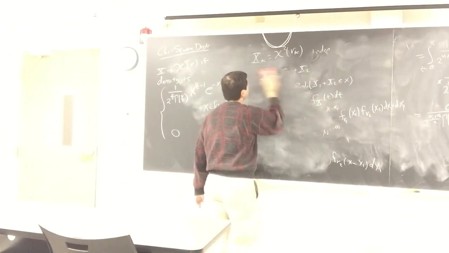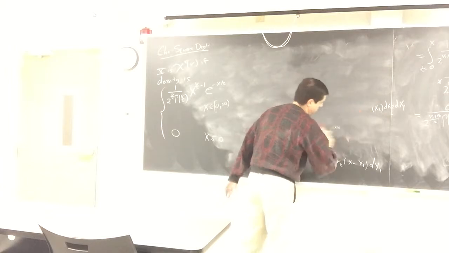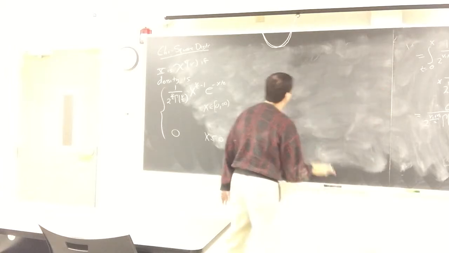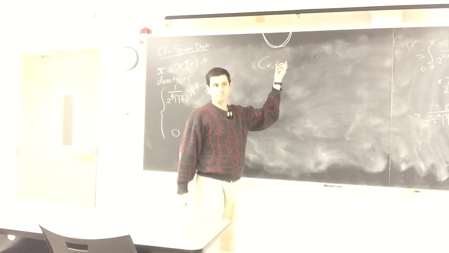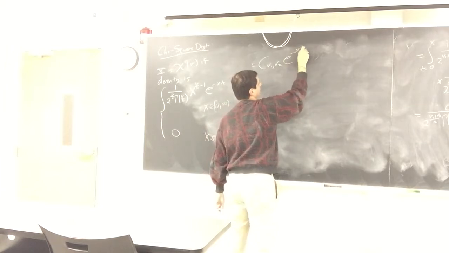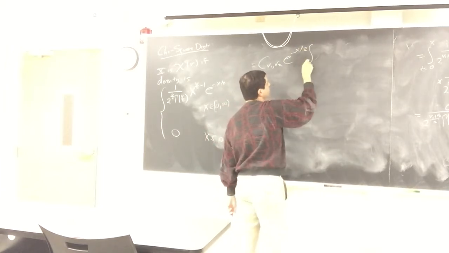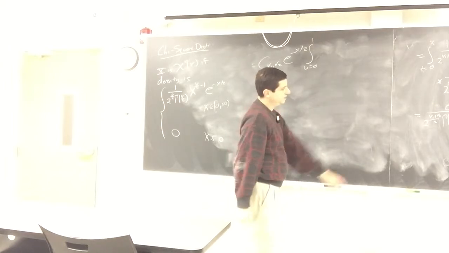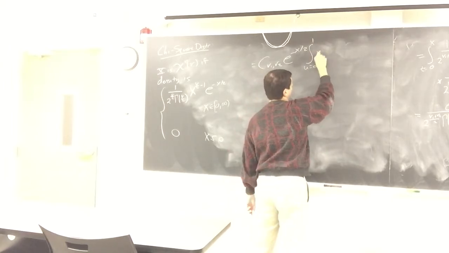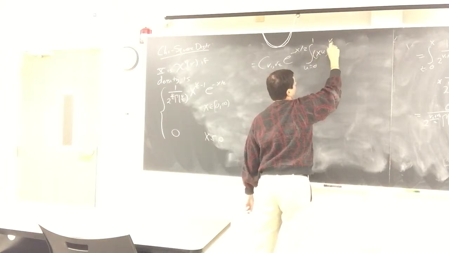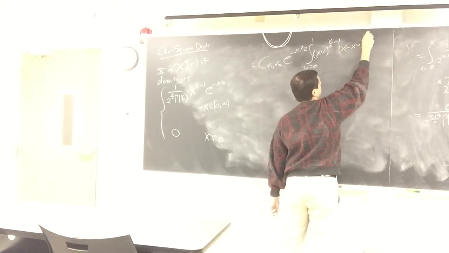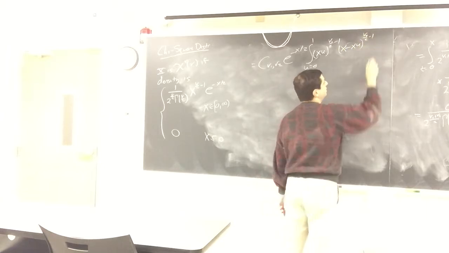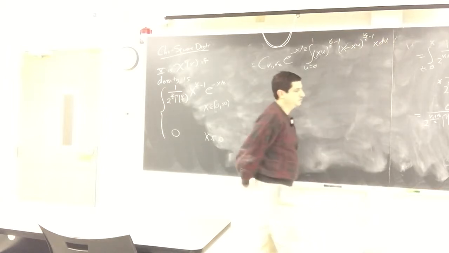So what I'm going to do now is we have some constant in front. I'll call that c of nu 1, nu 2. I have the e to the negative x halves. And now I have the integral u goes from 0 to 1. I'm going to get xu to the nu 1 over 2 minus 1, then x minus xu to the nu 2 over 2 minus 1, and then I'll get an x du.